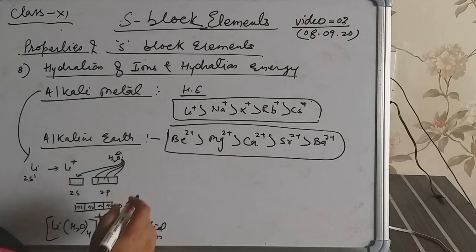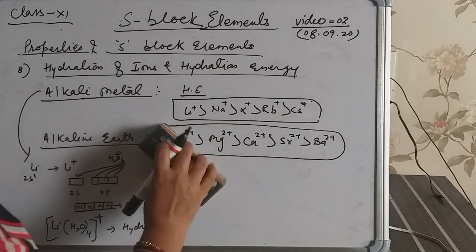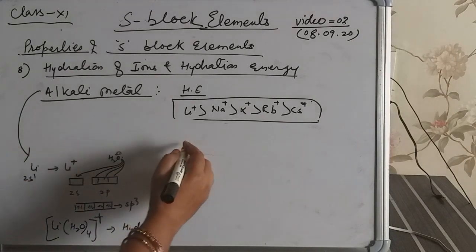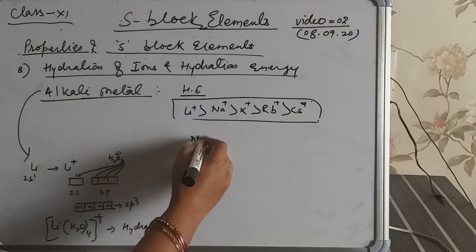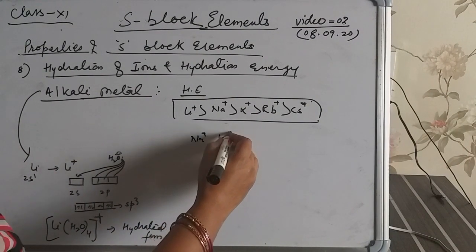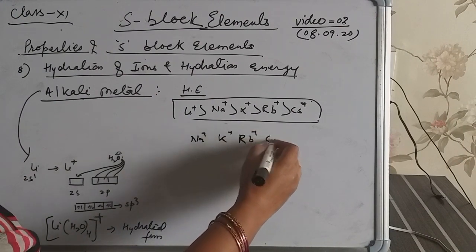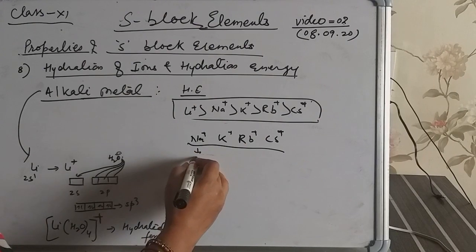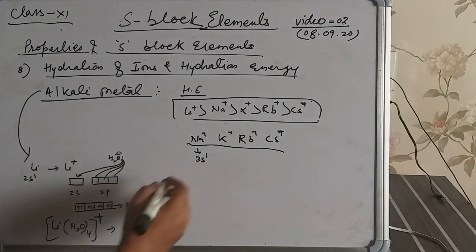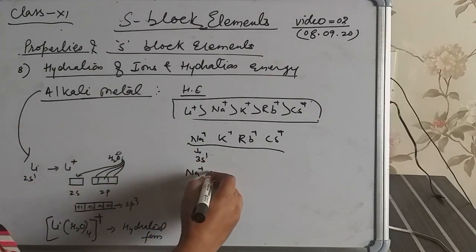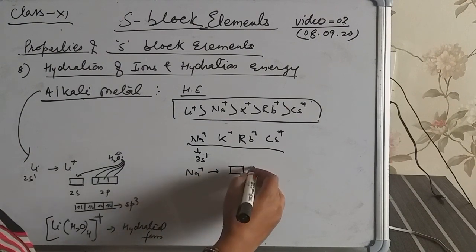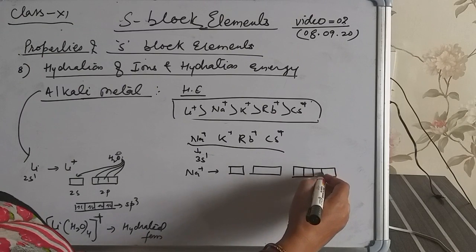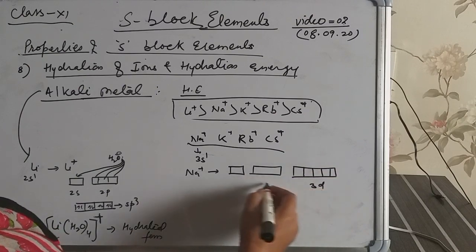In the case of the sodium ion, the configuration is 3s1. When the sodium ion forms, there are 3s, 3p, and in the third shell d orbitals are also present.